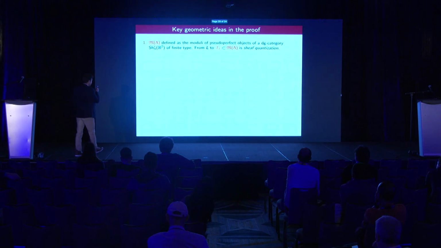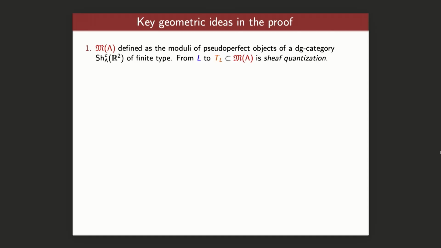OK, so my last few comments are some key ideas in the proof. The key ideas are to tell you how this M_lambda is built, and then how you prove 2 and 3 too. So for number 1, M_lambda is defined as the moduli space of objects of a certain category. The way it works logically is you first name a category. In this case, it's the DG category of sheaves in R^2 with singular support in a given lambda, with some compactness condition, categorically compact objects.